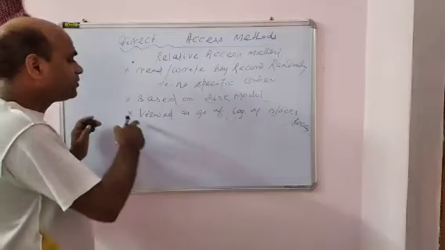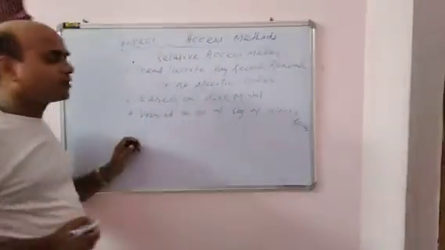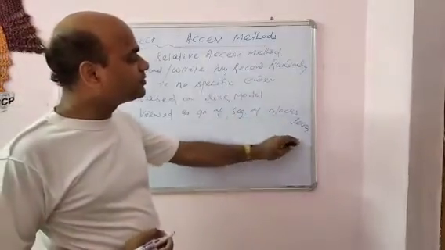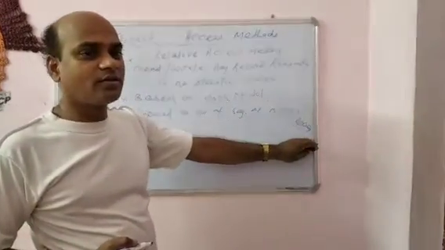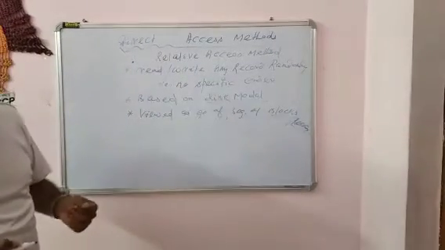Each block contains a sequence of records. That mechanism is well understood by the operating system for direct access method.